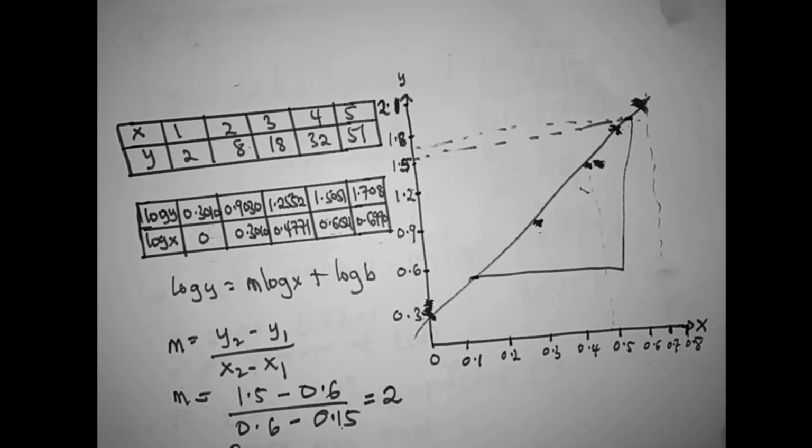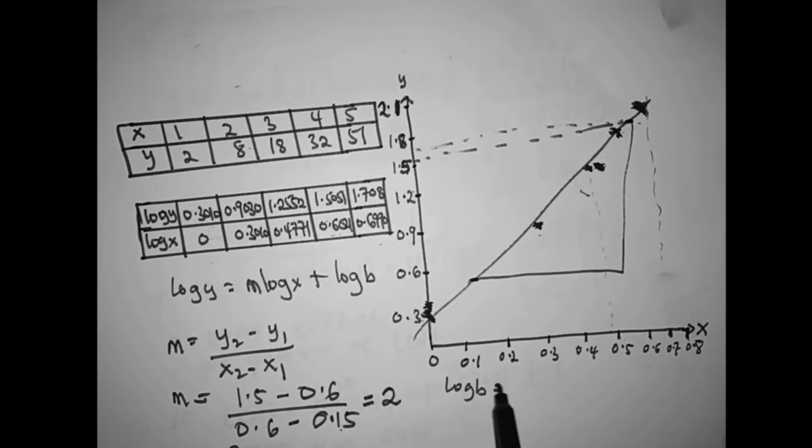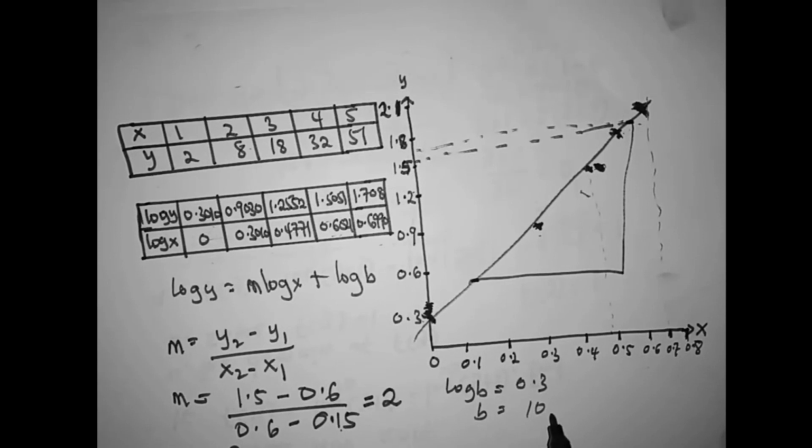Then now let's find the value of b. We know that log b is equal to the y-intercept, which is 0.3. So b is equal to 10 exponent 0.3, and therefore b is equal to 1.995.